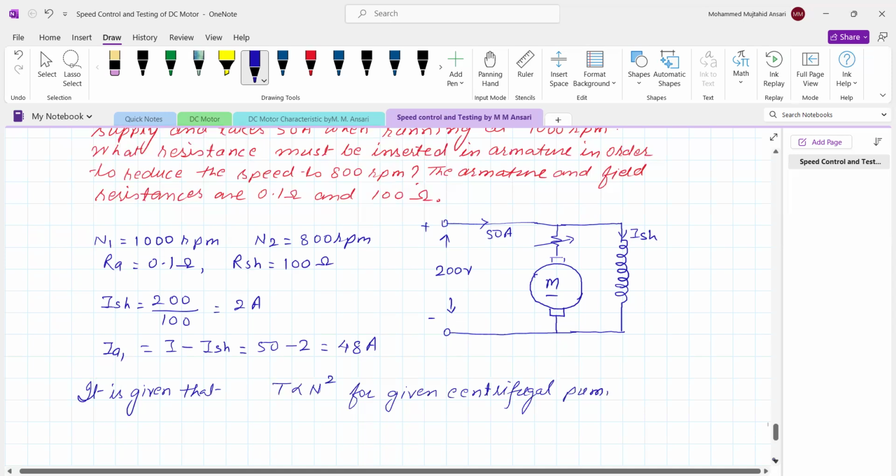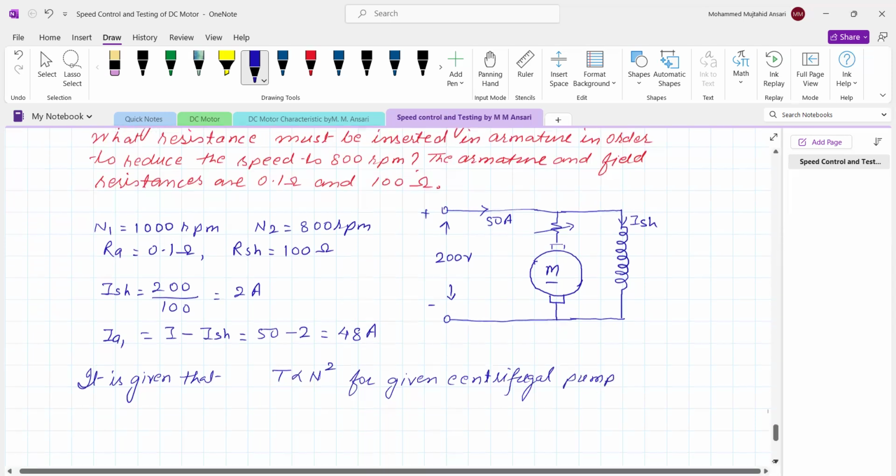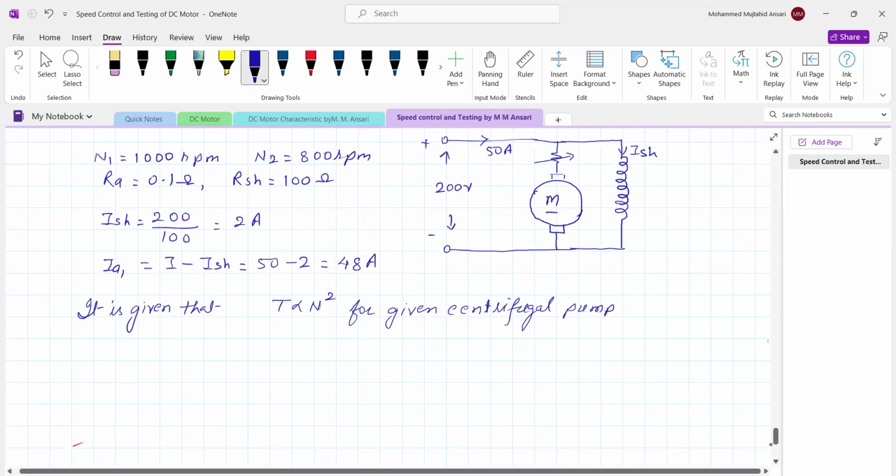It is given for a centrifugal pump, and we know that the torque is directly proportional to flux into armature current.